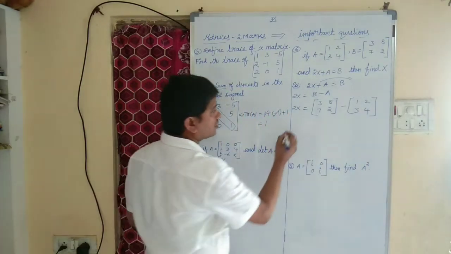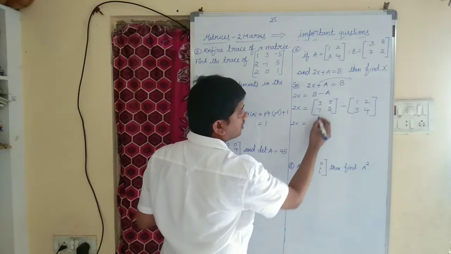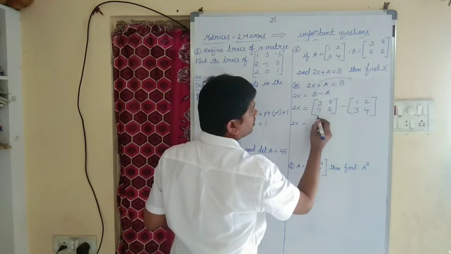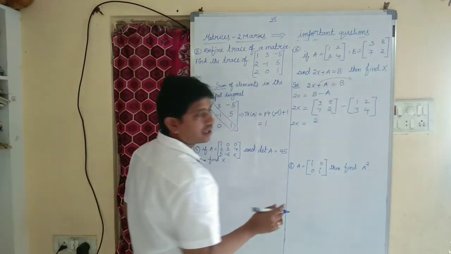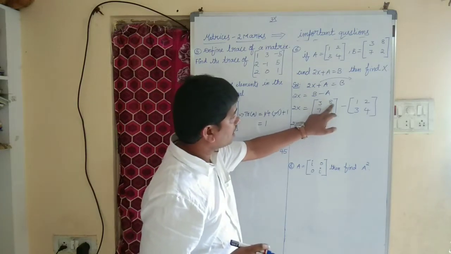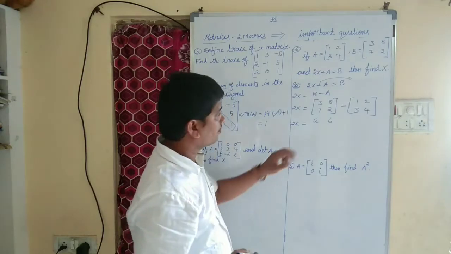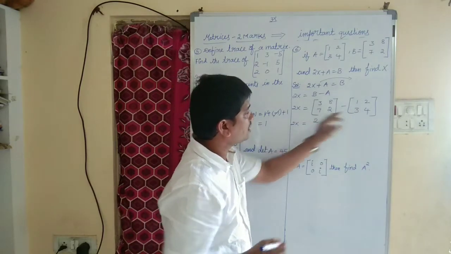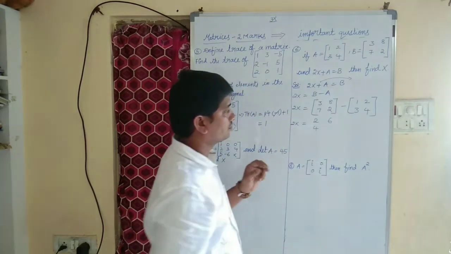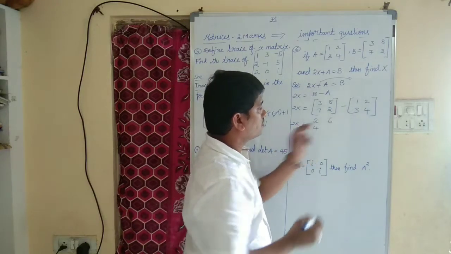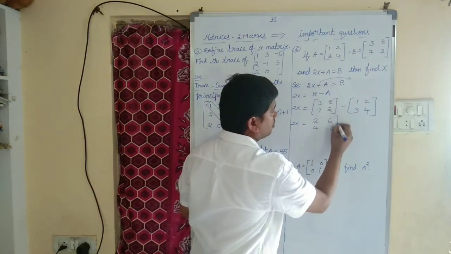Right? So subtraction of matrices, 2X equal to 3 minus 1, I can write as 2. Directly I am writing 8 minus 2, 6. 7 minus 3, 4. 2 minus 4 that is equal to minus 2.